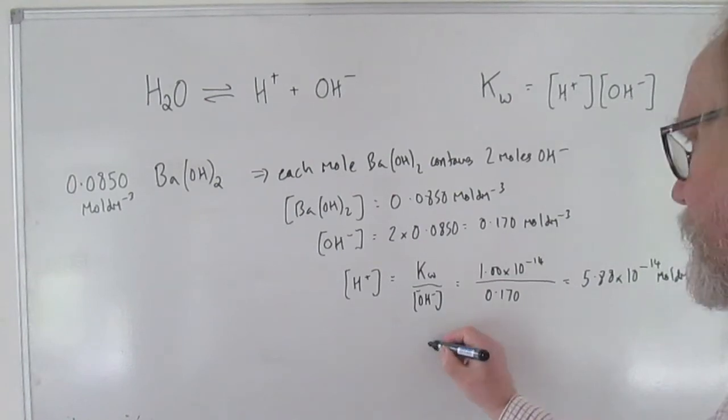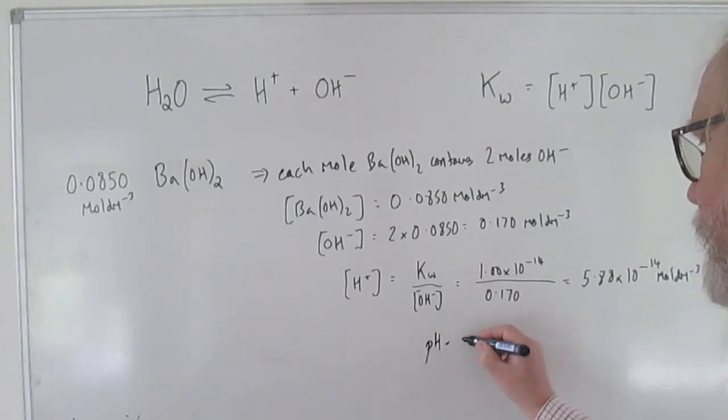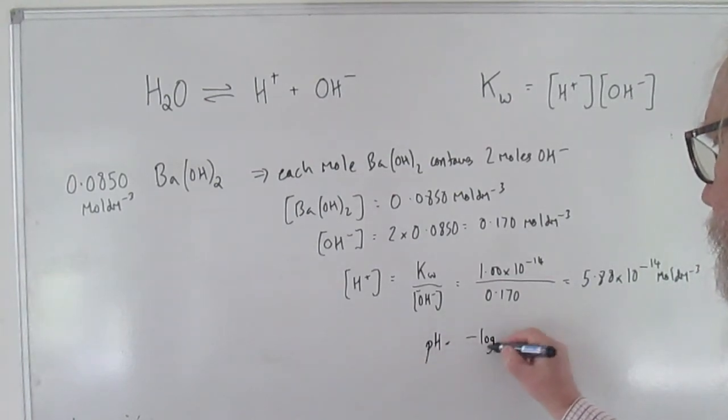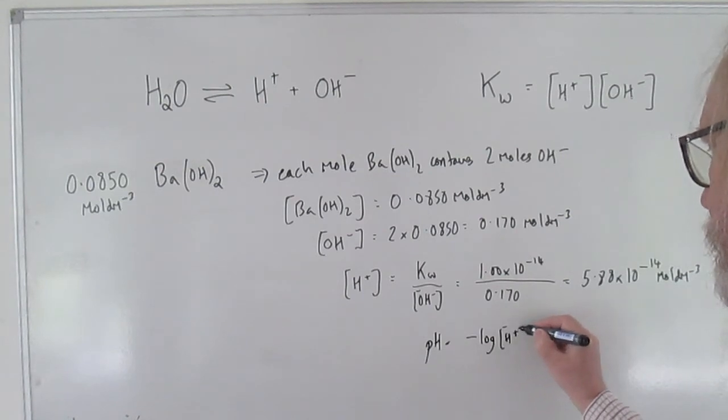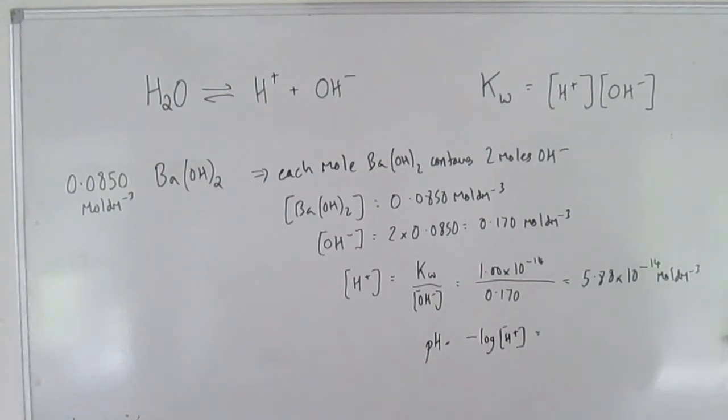And then pH is minus log of that number, which comes out as 13.2. Which again is what we would expect.